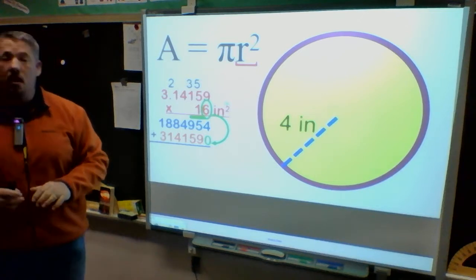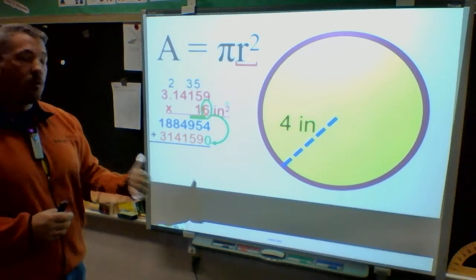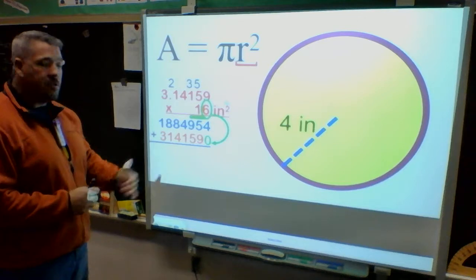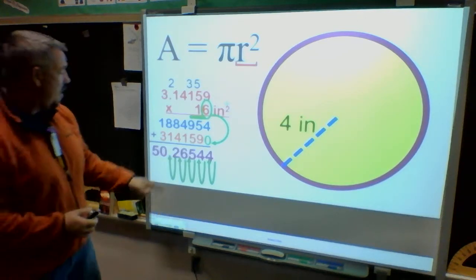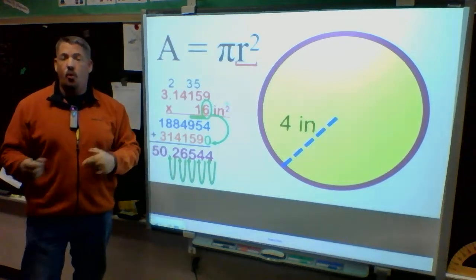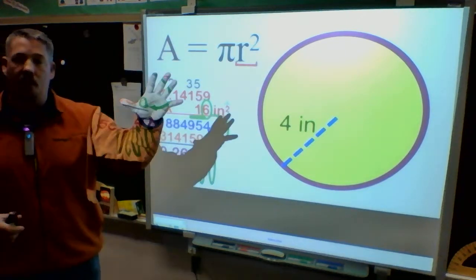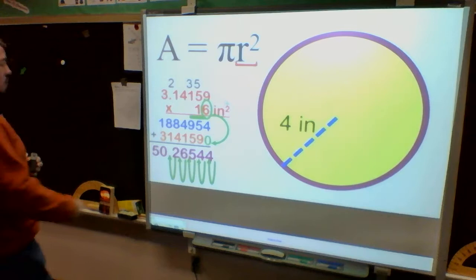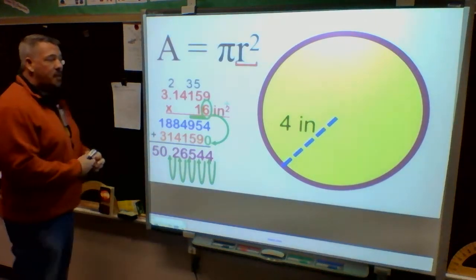As long as I'm writing neatly, everything stacks up correctly according to their positions, and then I add. I move the decimal 5 times because 3.14159 has those 5 significant digits, so I have to move it from right to left 5 times.